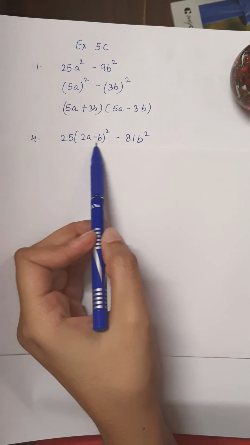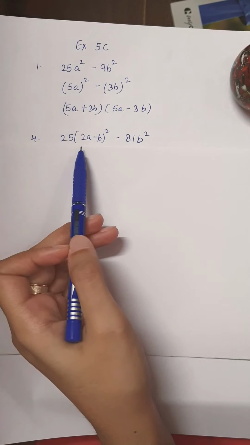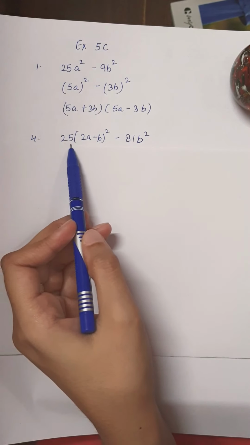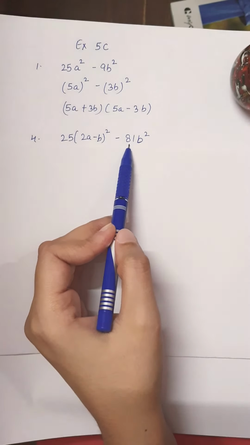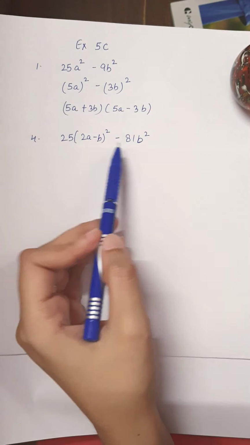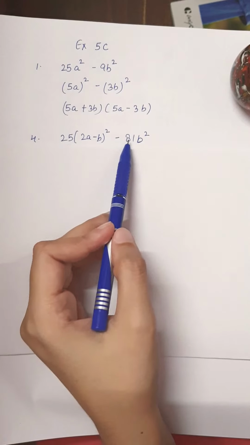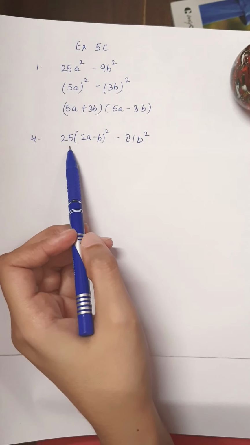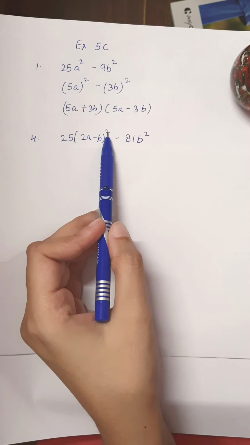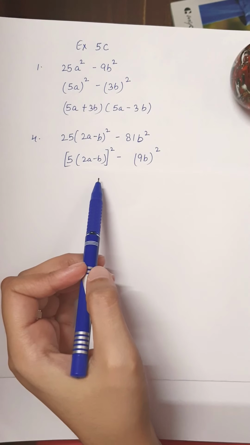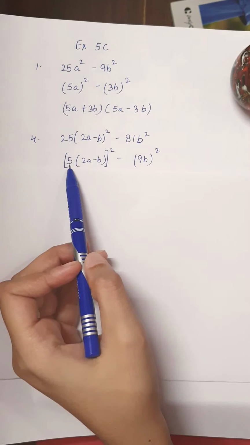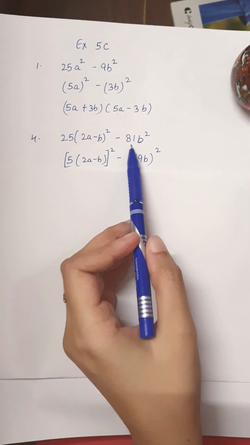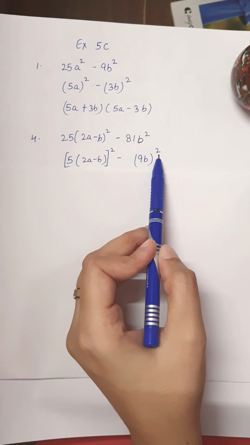Okay, next question is 25 (2a minus b) whole square minus 81b square. This is the square of an expression, it doesn't matter what is there inside. What matters is these should be perfect squares. Are these perfect squares? Yes, this is the perfect square of 5 and this is of 9. So can I write it like this, (5(2a minus b)) whole square and (9b) whole square.